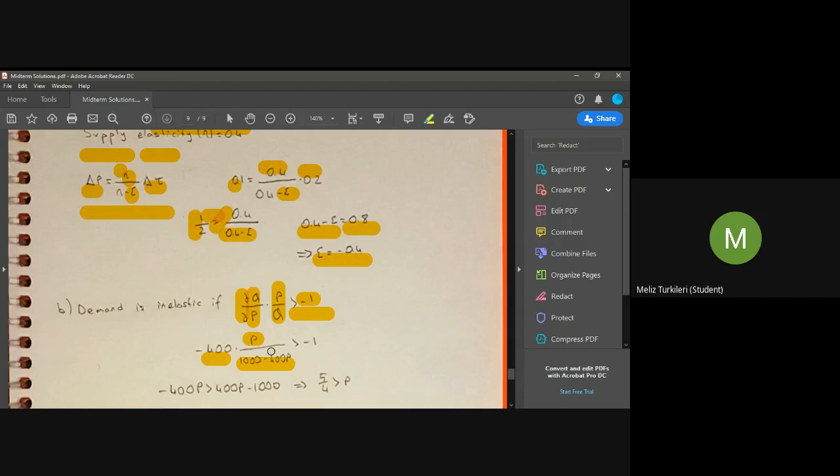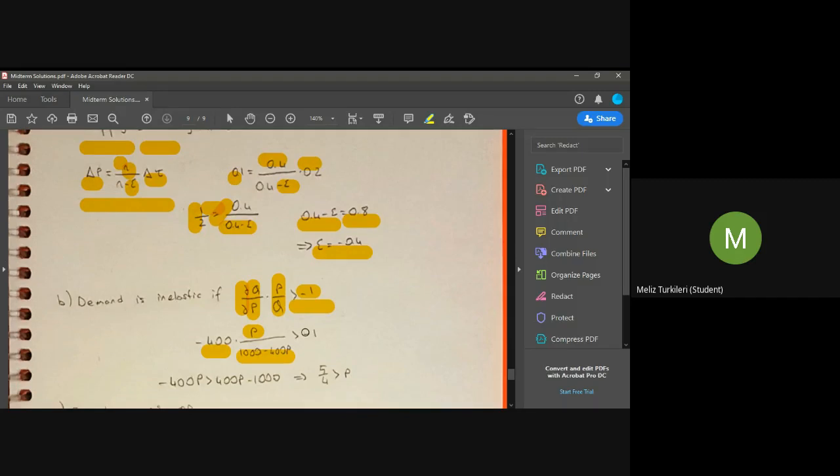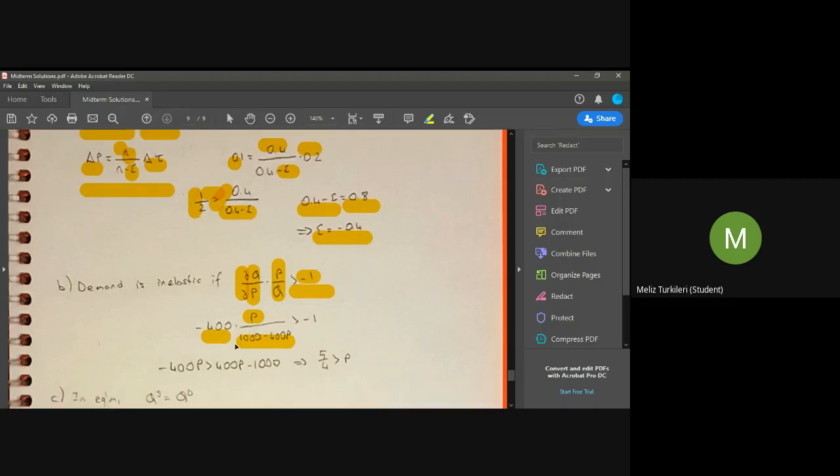You need to do this to find the price easily. If you do this math, you will find that -400p is higher than 400p minus 1000. And if you leave p alone, you will find that to make the demand inelastic, the price should be lower than 5 divided by 4.